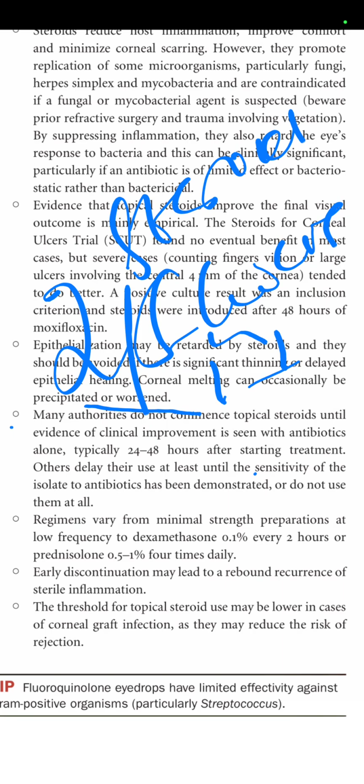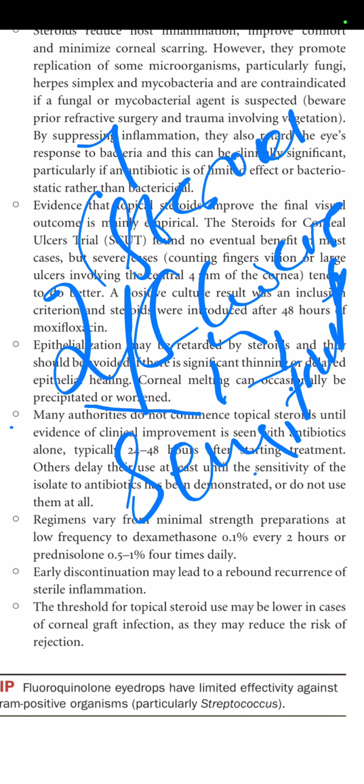Others delay use at least until the sensitivity of the isolate to antibiotic has been demonstrated, or do not use them at all. So some use it if the patient is responsive to antibiotic, others use it once the sensitivity report is obtained, and some do not use it at all.